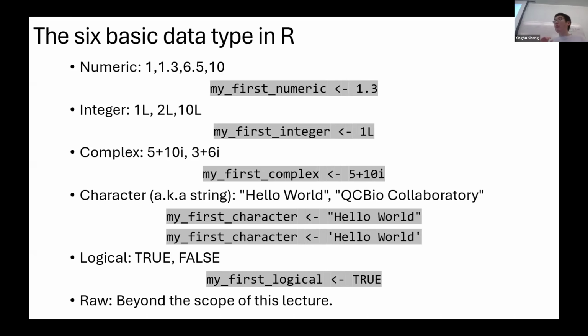To make R aware that you are passing a text to it as data, you need to surround your text with either a double quote, or if you are too lazy to push the shift key, you can also use a single quote. The two are equivalent in R. So either a double quote or single quote surrounds the text you want to pass.